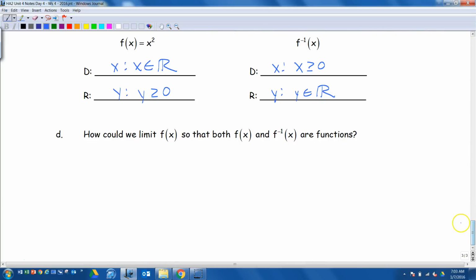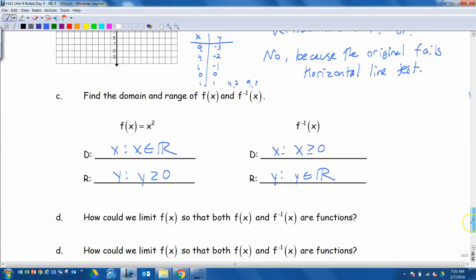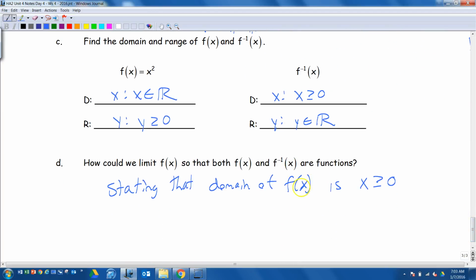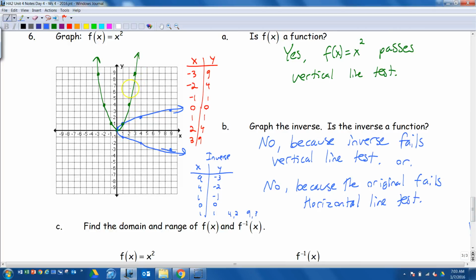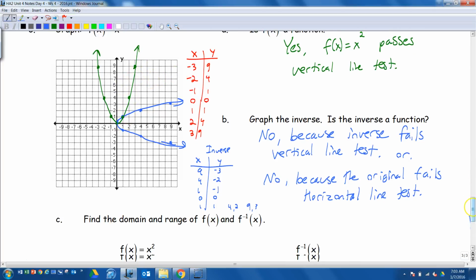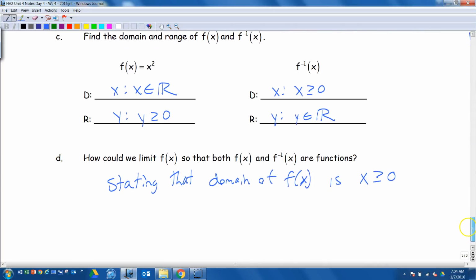So we can limit it by stating the original domain is x is greater than or equal to 0. That gives us just one piece, which will pass the horizontal line test. And when you graph the inverse, that piece will then pass the vertical line test.